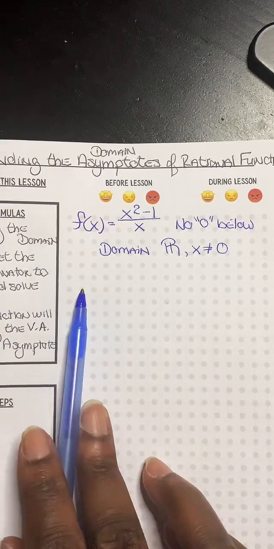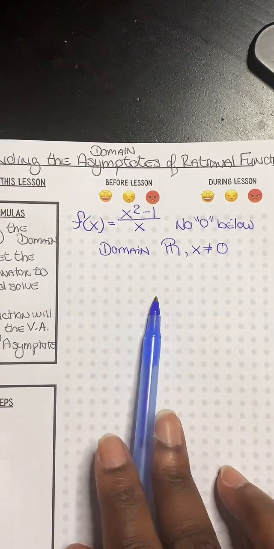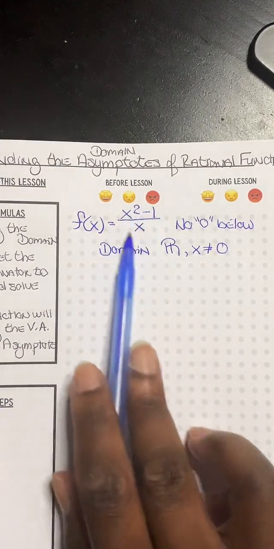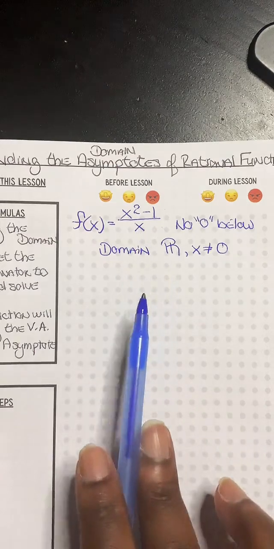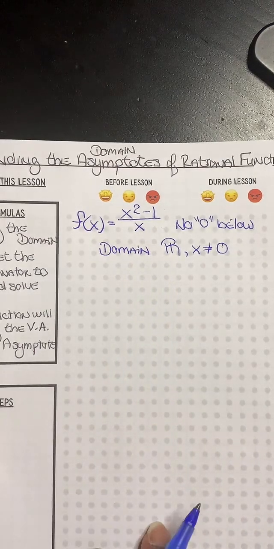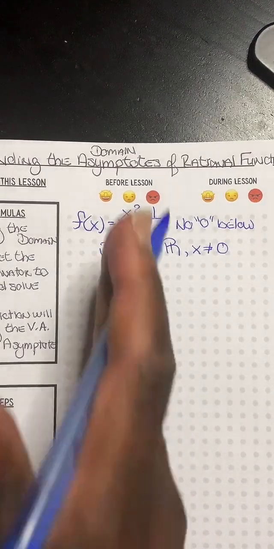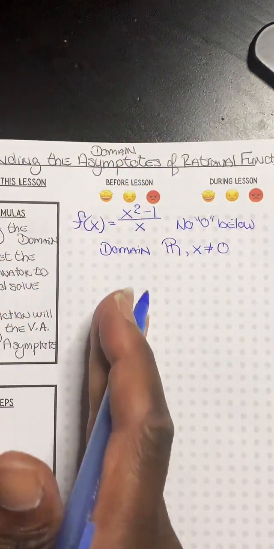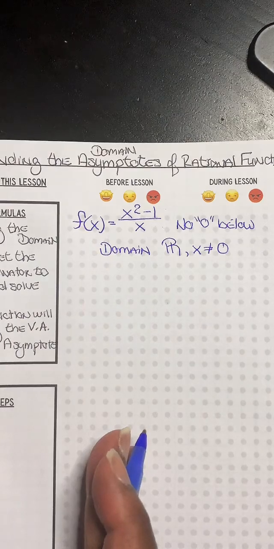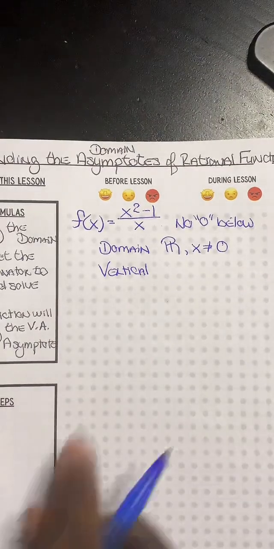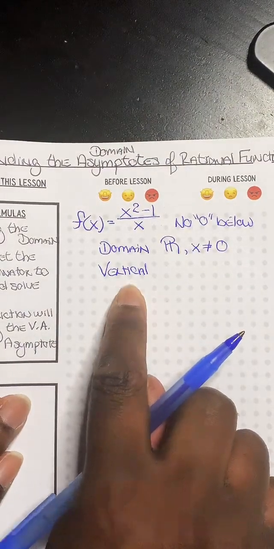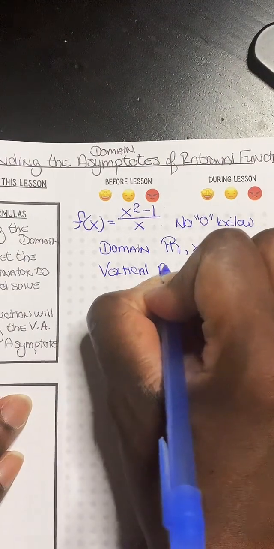If I'm coming from the left side or the right side, no matter what, my function, especially the denominator, will never equal 0. So that is going to be a boundary. The type of line that comes through only the x-axis is a vertical line. Since it's a vertical line, we put what's called an asymptote.